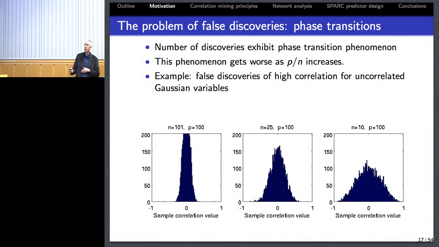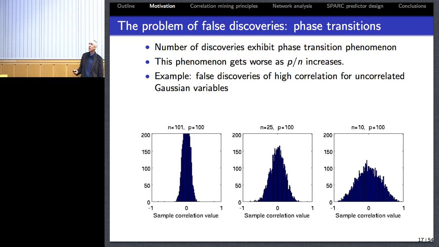Every one of these levels corresponds to a spurious correlation of, say, 50 correlations found at a level close to 0.3. And this point where we get a dramatic increase in the number of false positives occurs at some level of correlation, which depends upon how many samples you have. If you only have 10 samples, basically any correlation that you observe is going to be spurious, because the phase transition occurs very close to 1.